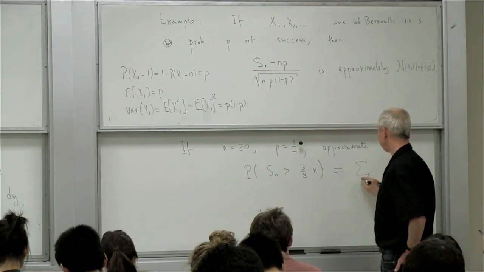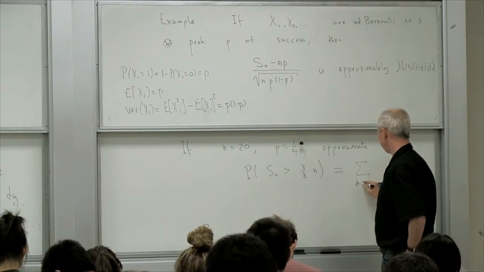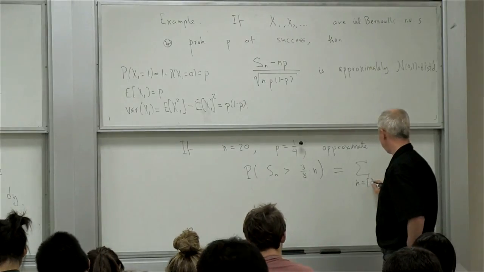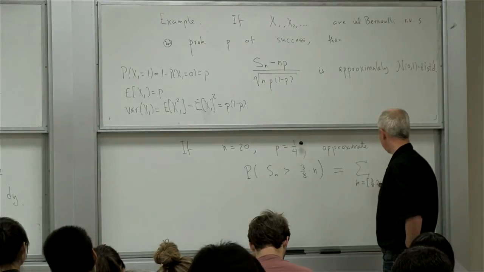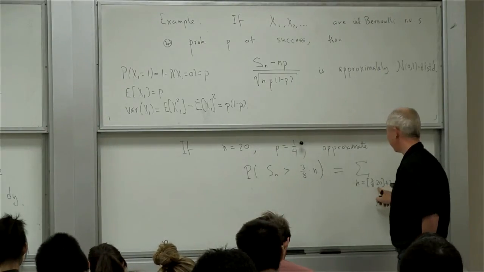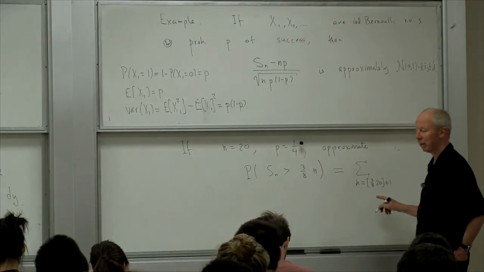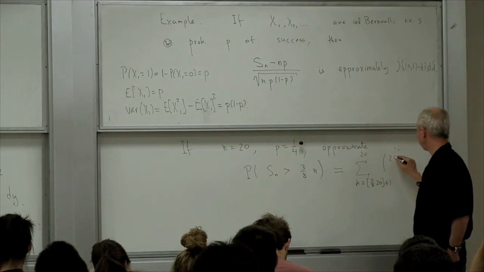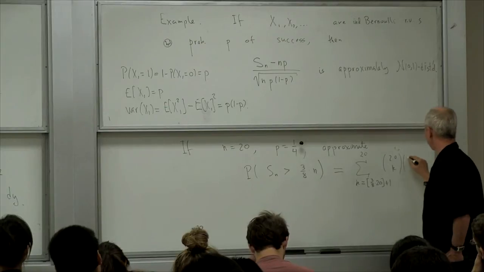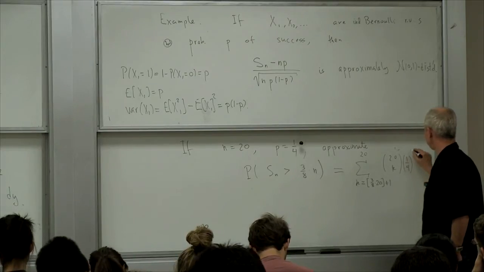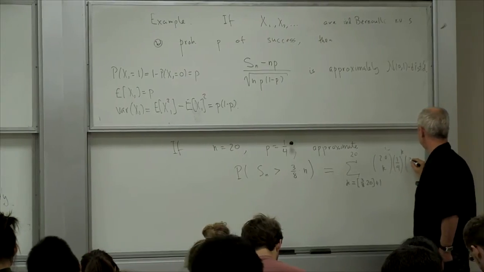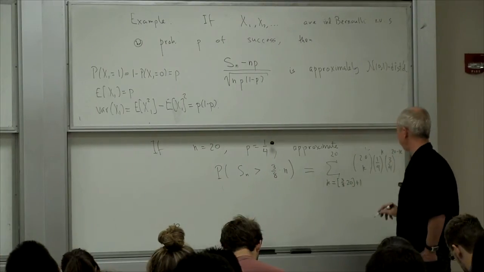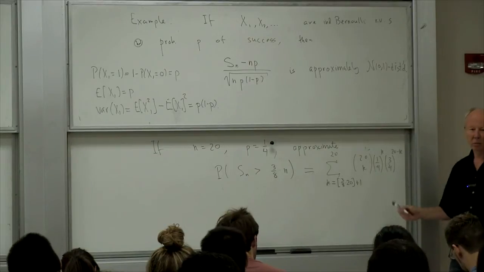It's the sum, to be precise, I take the greatest integer in 3/8 times 20, and I add 1, up to 20. And I have 20 choose k, 1/4 to the k, and then 3/4 to the 20 minus k. And all you have to do is compute all these numbers and add them up.